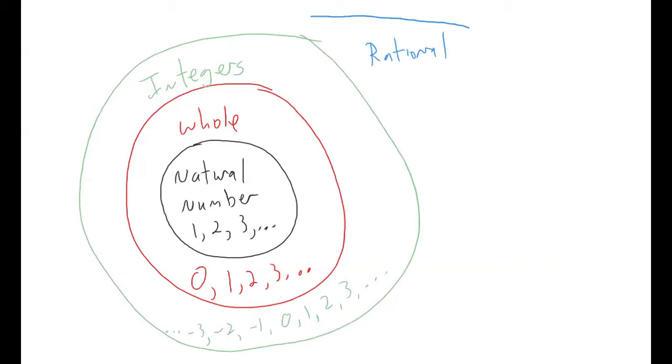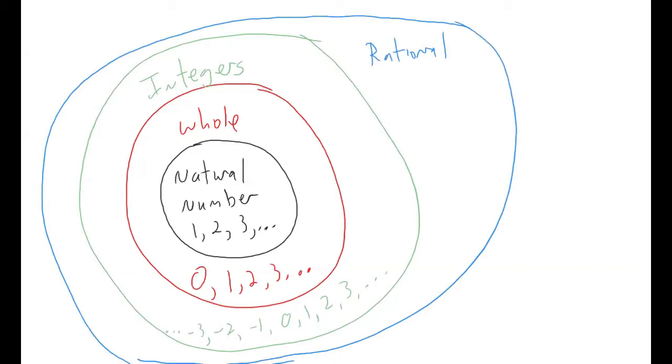Okay, so still everything inside the circle. So all those numbers we talk about are rational. And what makes something rational is it can be written in fraction form, A over B, where A and B are integers, and B cannot equal 0 because we can't divide by 0.